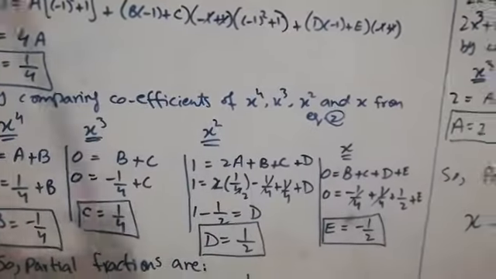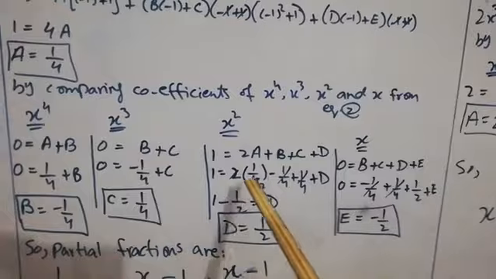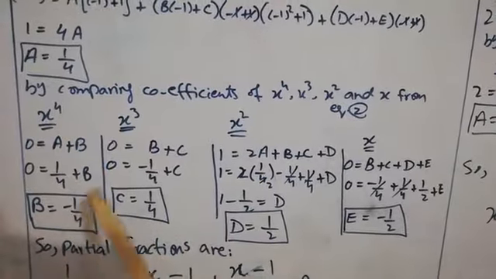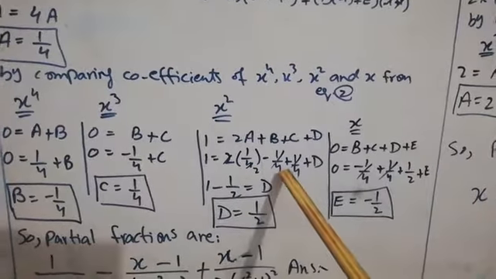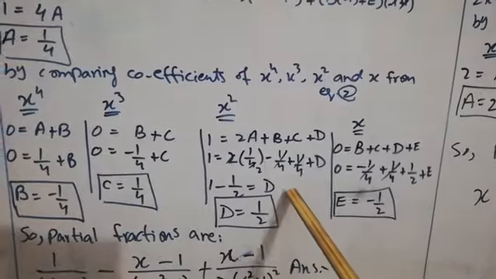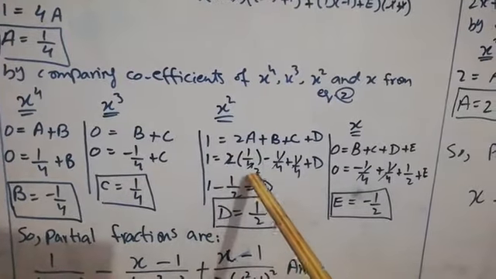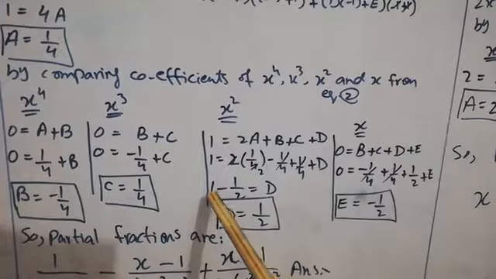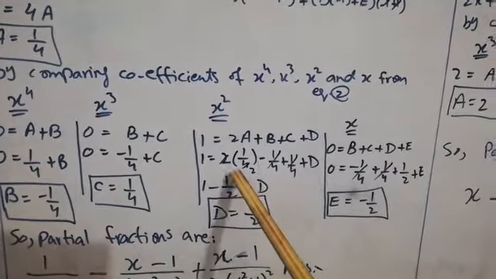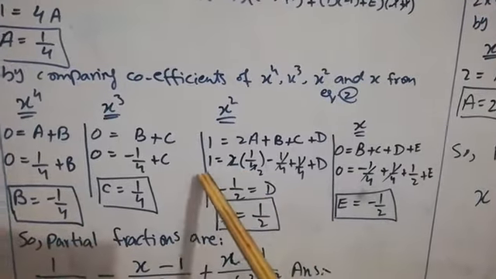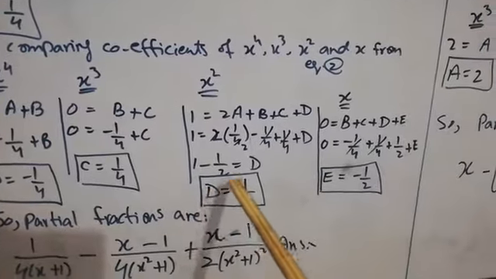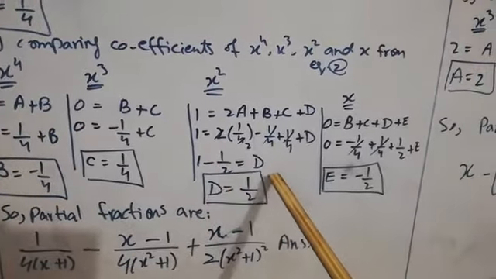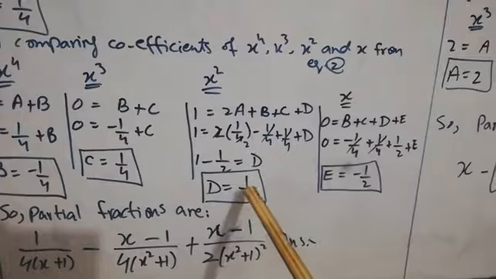We put the values of a, b and c: a is 1 by 4, b is minus 1 by 4, c is 1 by 4. Minus 1 by 4 and 1 by 4 cancel each other. Here 2 times 1 by 4 is 1 by 2. So 1 minus 1 by 2 is equal to d. After taking the LCM, we get the value of d, which is equal to 1 by 2.